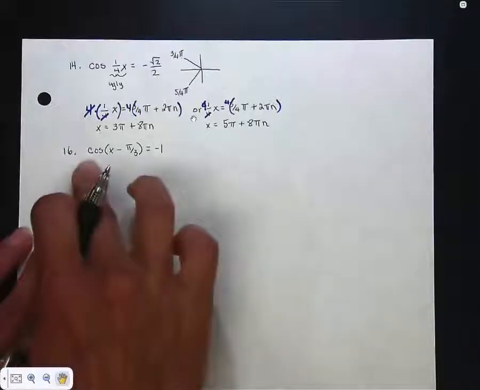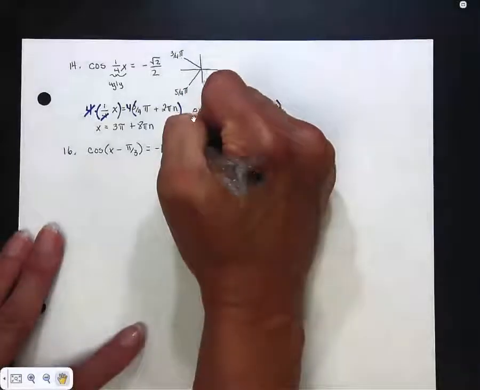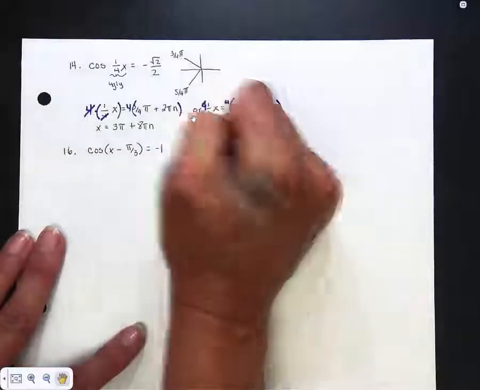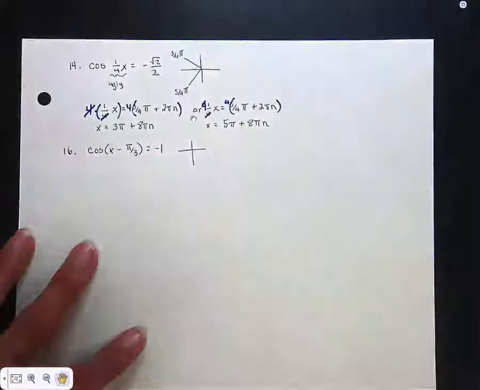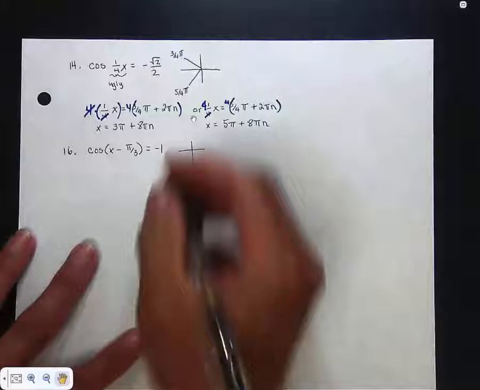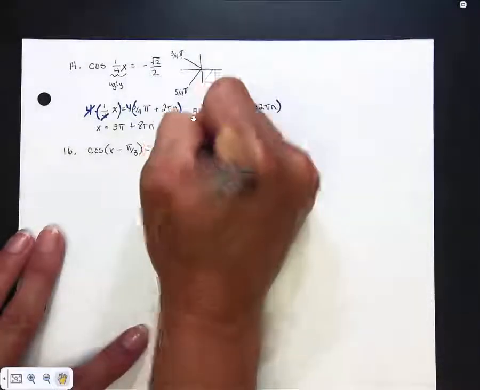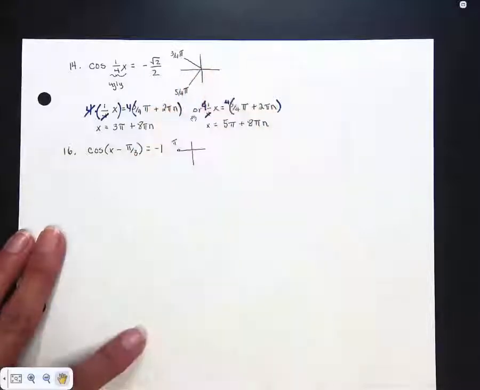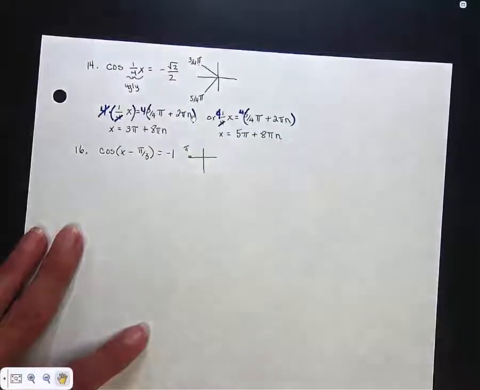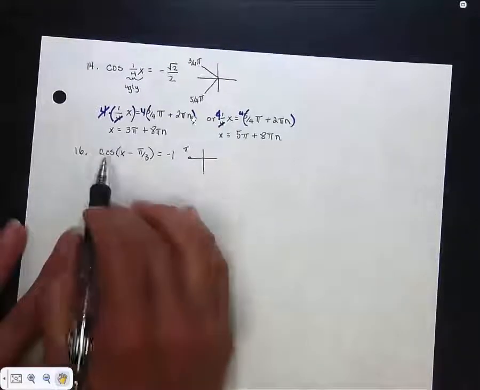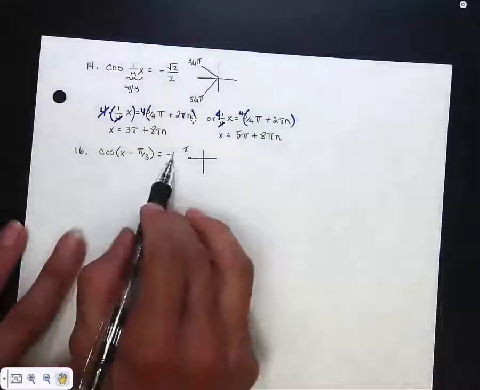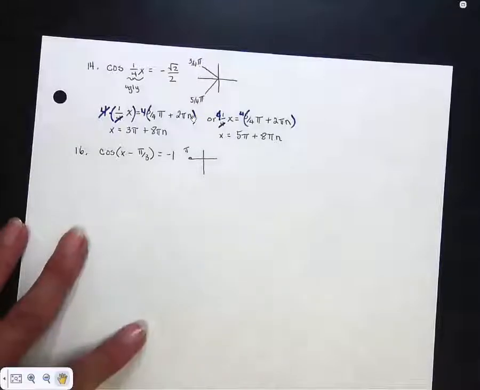If you just ask me where cosine is negative 1, in one revolution of the unit circle, there's only one place where cosine is negative 1, and that's right here at pi radians. Now, if this was just cosine x is -1, the answer would be pi.